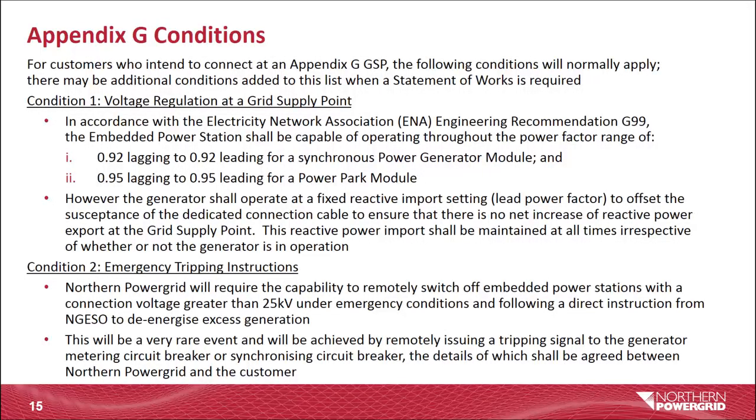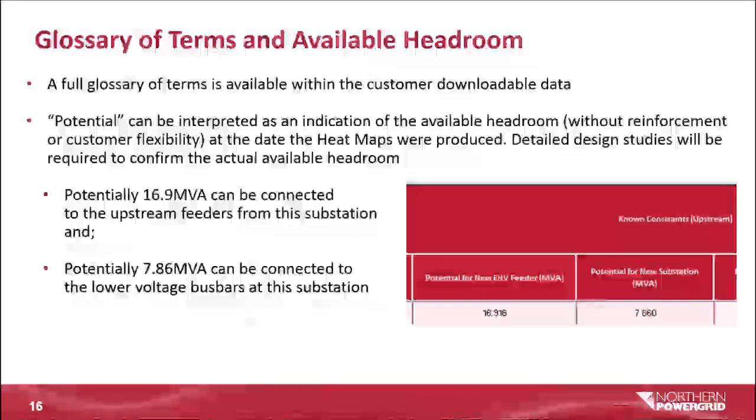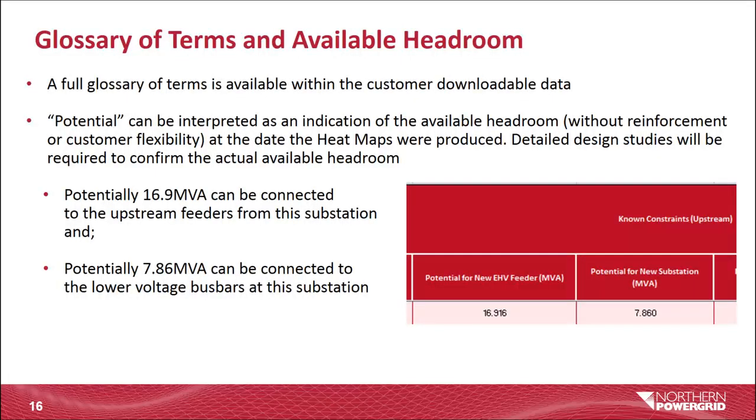The most common question that I get asked from external stakeholders regarding the heat maps is available headroom and where is good to connect. So as I said, there's a full glossary of terms available, but most interestingly is the word potential. So the potential for a new EHV feeder and the potential for a new substation. What these really mean is what's the indication of the available headroom without having to trigger reinforcement or customer flexibility at the date the heat maps were produced.